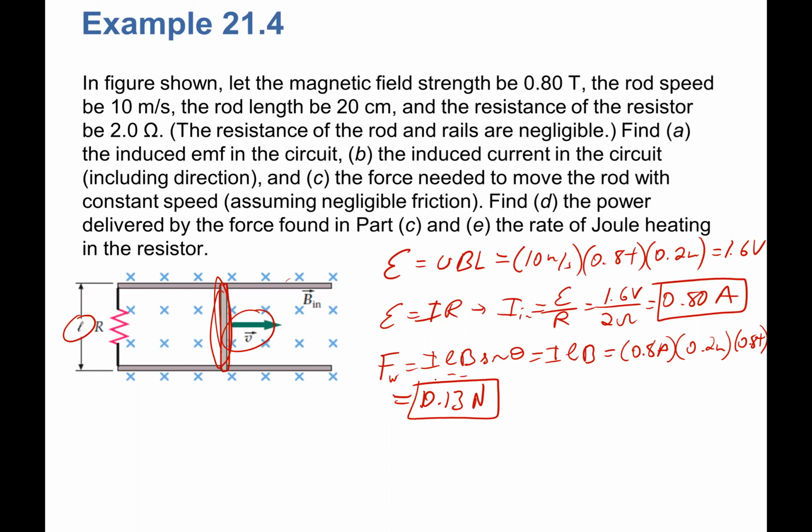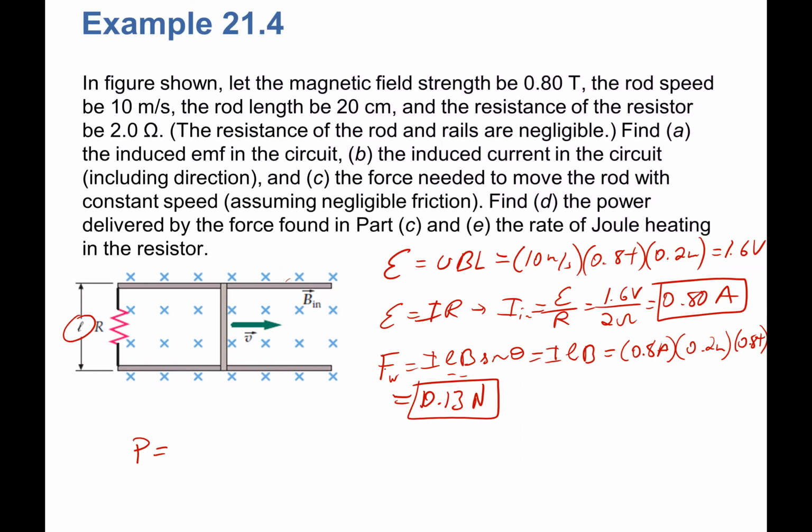All right, so part D, it says find the power delivered by the force found in part C. Well, remember, what is power? Power is energy per unit time. So when it says deliver power, it means find the amount of energy transferred into the system when this force is doing work, right?